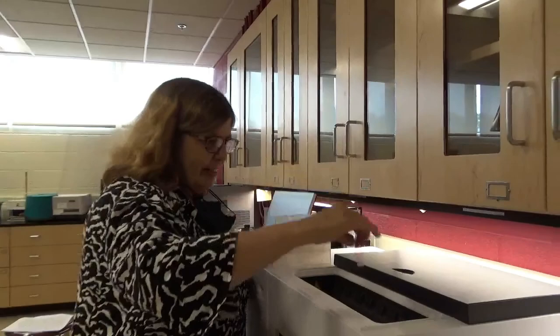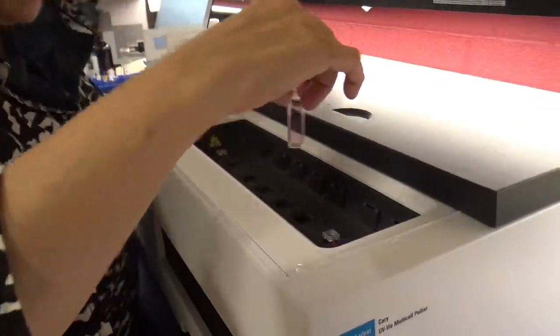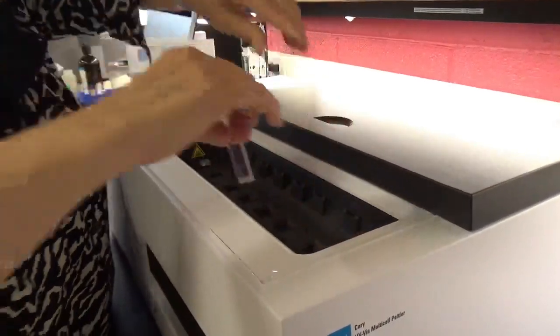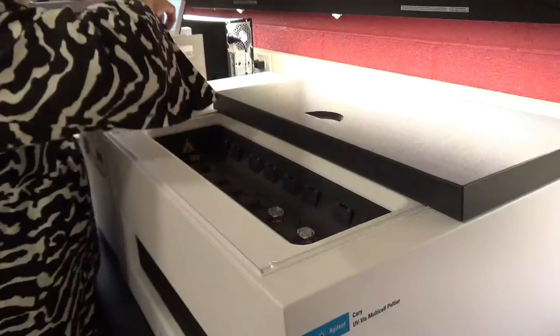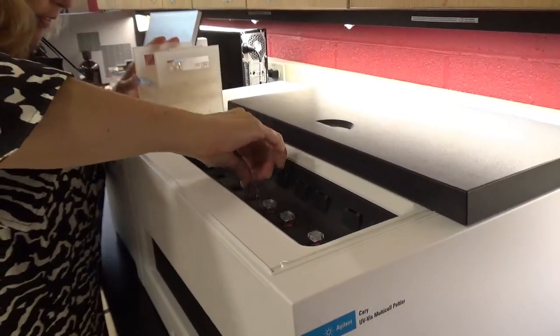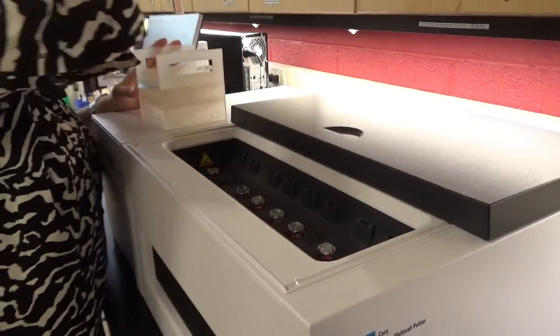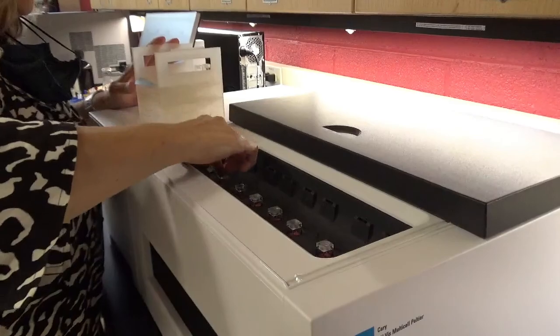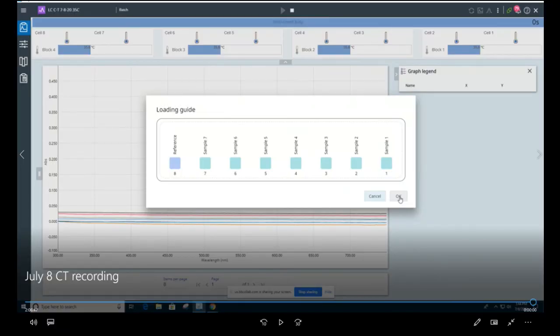I'm going to put the cells in order. 1. Oops, that was in compartment 2. 1, 2, 3, 4, 5. I already wiped them with Kim wipes. All right. And now it's time to click on that little OK button and start the spectra going.